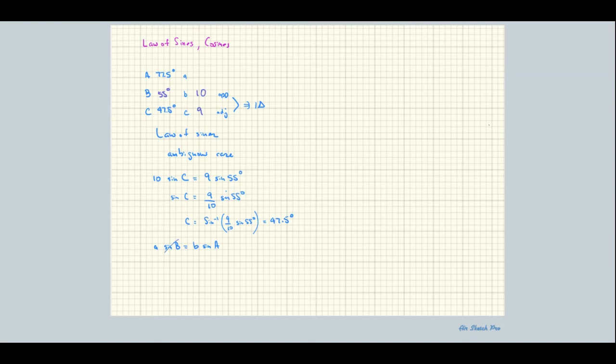So A is B sine A over sine B. Plugging numbers in, B is 10, sine angle A is 77.5, and angle B is 55.